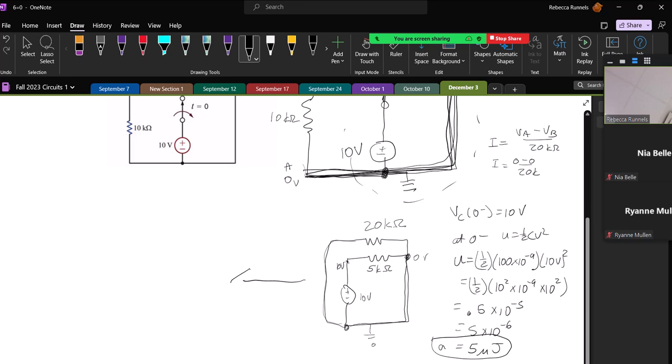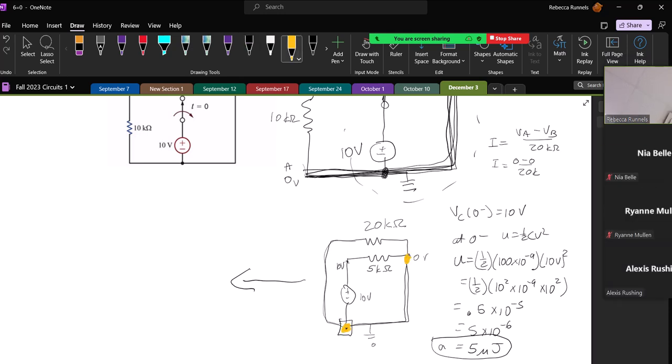So this is what I was about to do, and then I went back to the original circuit. The 20 kilo ohm resistor is connected right here and right here.